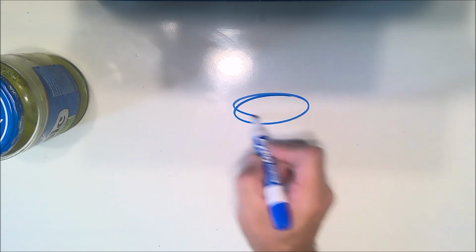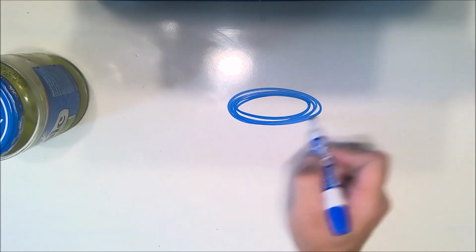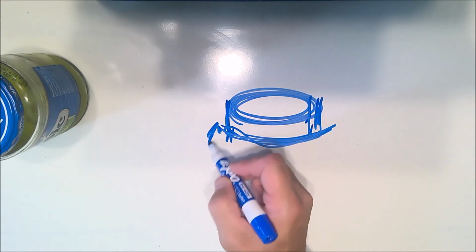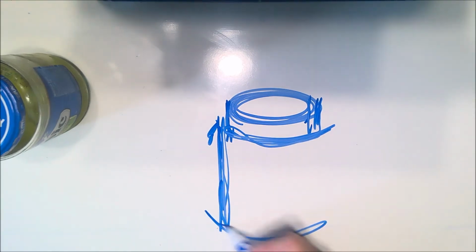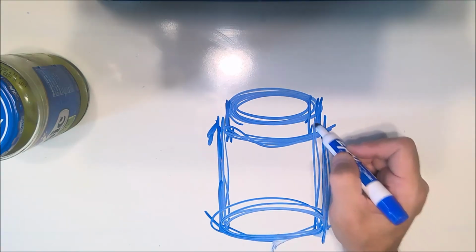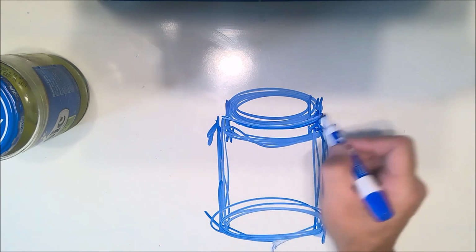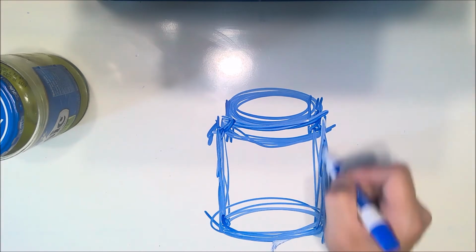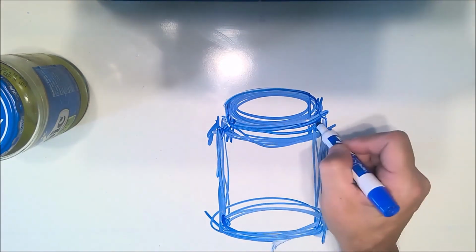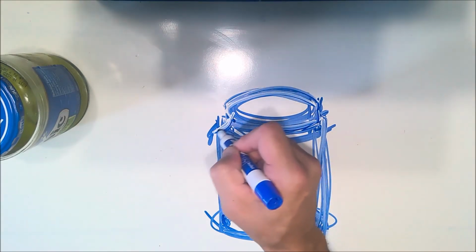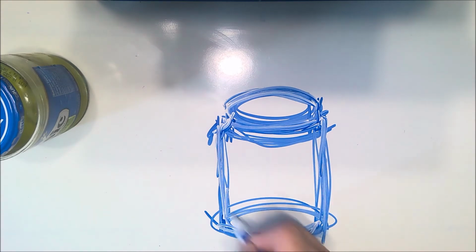So I'm going to start with an oval. Normally, I'd be doing this with a pencil. However, if I try to gesture draw with a pencil, it's too hard to see. So I'm using a marker, so it's a little easier for you to visualize.